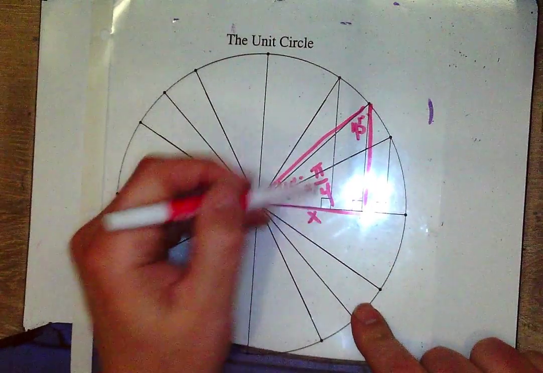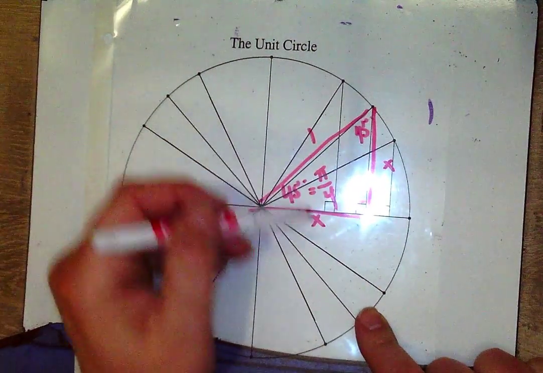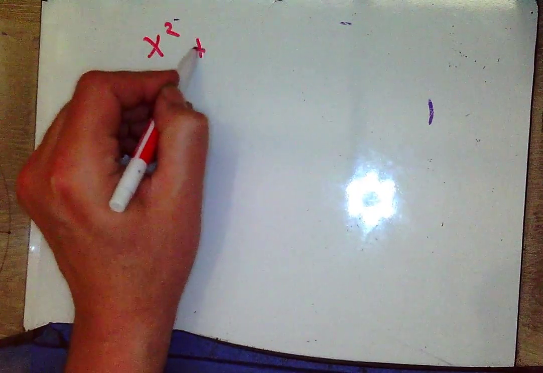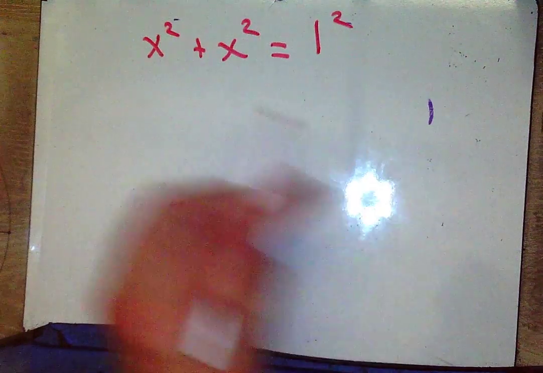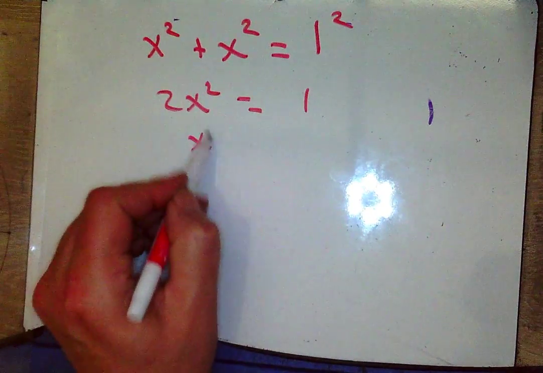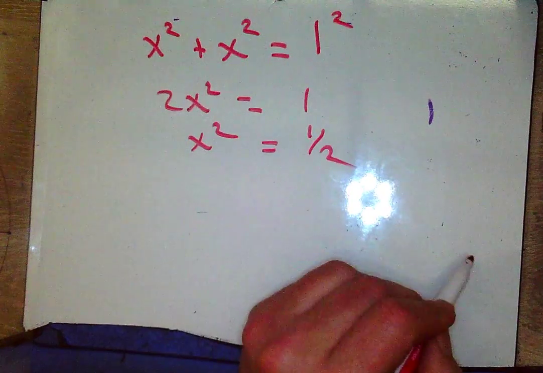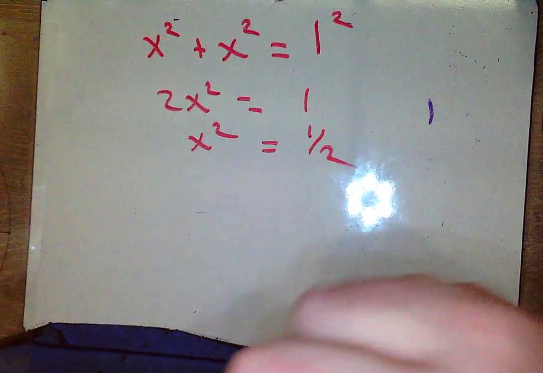Okay, so let's figure that out. We know the hypotenuse, and we know the legs, and we know the Pythagorean theorem. So x squared plus x squared equals 1 squared. 2x squared equals 1. x squared equals 1/2. So now I'm going to take the square root of both sides.